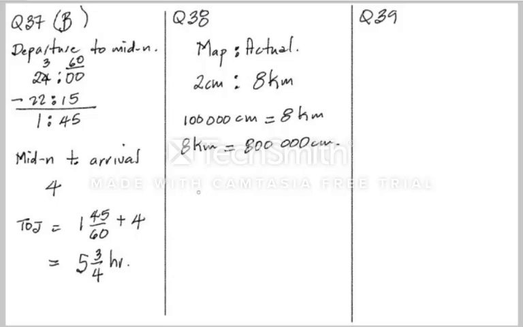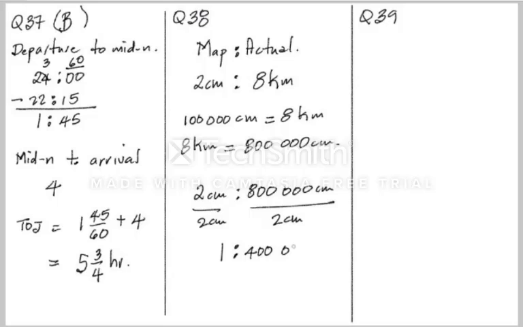So the ratio is 2 centimeters to 800,000. Divide both sides by 2 centimeters. And the map scale is 1 to 400,000. So the answer there is D.